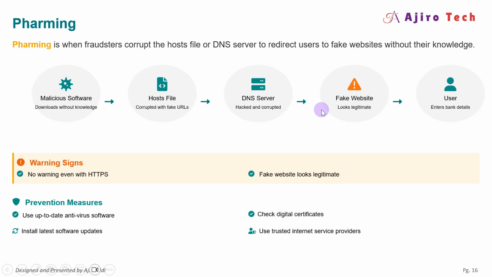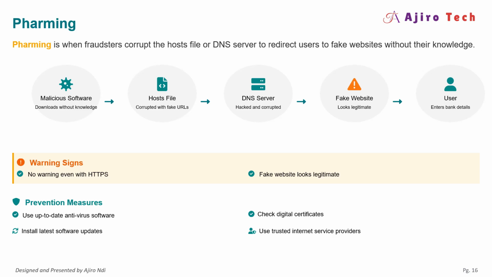Pharming comes in when the user downloads malicious software without realizing they have done so. When they download and run the software, it corrupts the host file by adding URLs of banks, for example, with corresponding IP addresses that take the user elsewhere.